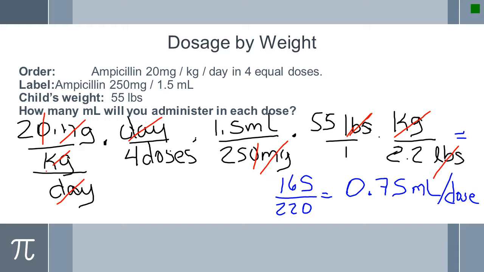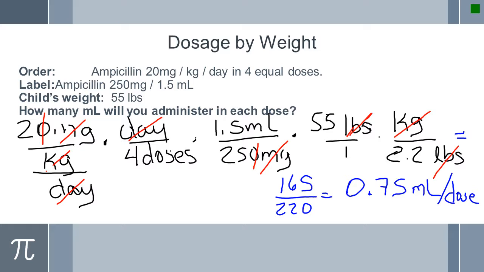So I know that my milliliters is going to have to go on top so that my milligrams will cancel. I've got 250 milligrams and 1.5 milliliters. And I've got my child's weight in there. And he weighs 55 pounds. So I know that I'm going to have to convert that. So my kilogram is 2.2 pounds.